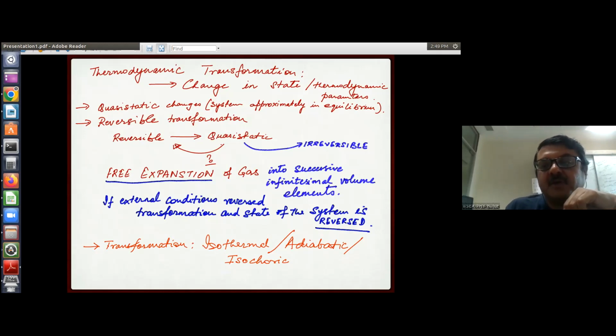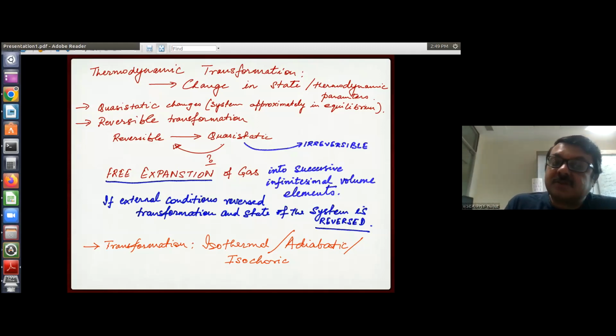So P1 will go to P1 dash, will go to P1 double dash, will go to P1 triple dash. And at each state, the system is in equilibrium. There is uniform pressure all over, right? There are no currents. Currents die down very quickly. And as soon as you change it, at each point, you can define the thermodynamic parameters.